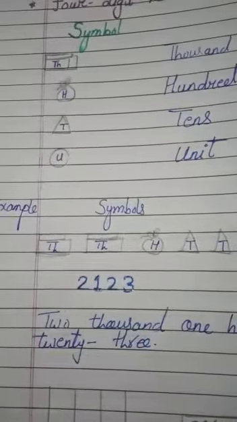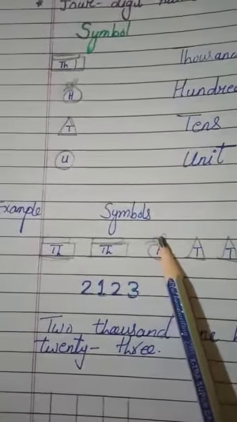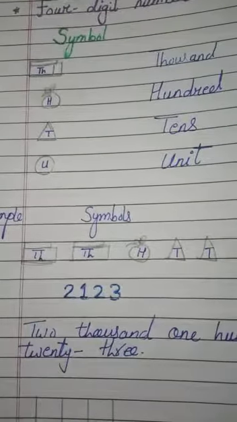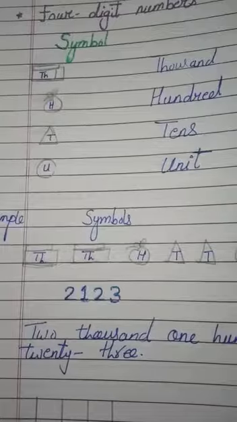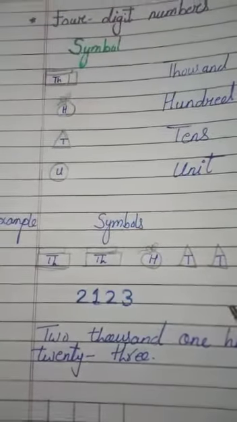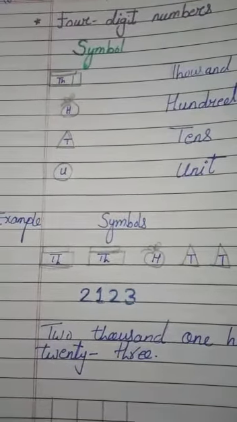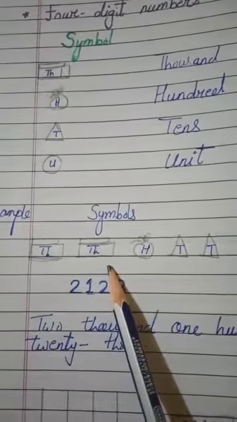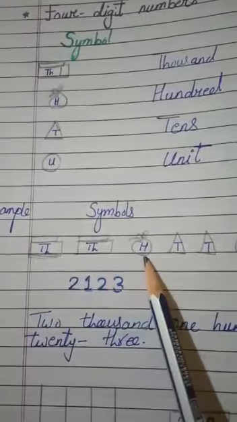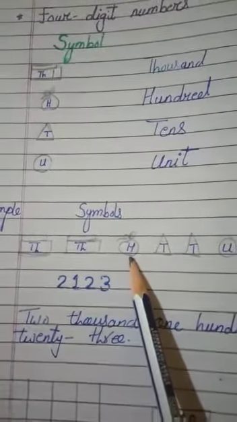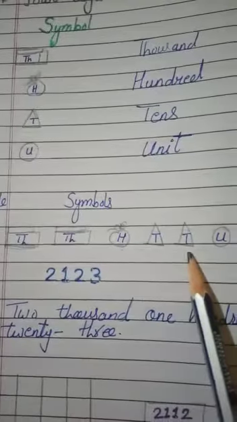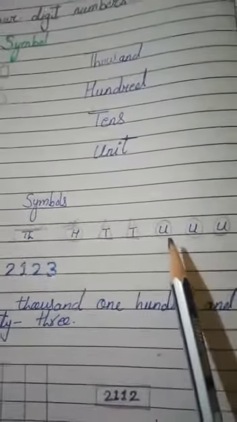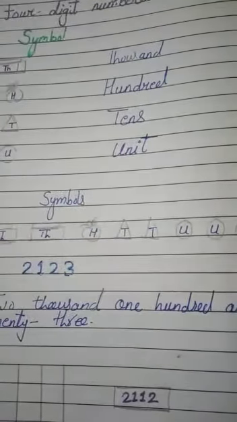Have a look. See examples and these are symbols. Observe the following symbols and understand the number form. Here there are two symbols of 1000. See here, how many symbols of 1000? 1, 2. One symbol of 100 and two symbols of tens. And three symbols of unit: 1, 2, 3.